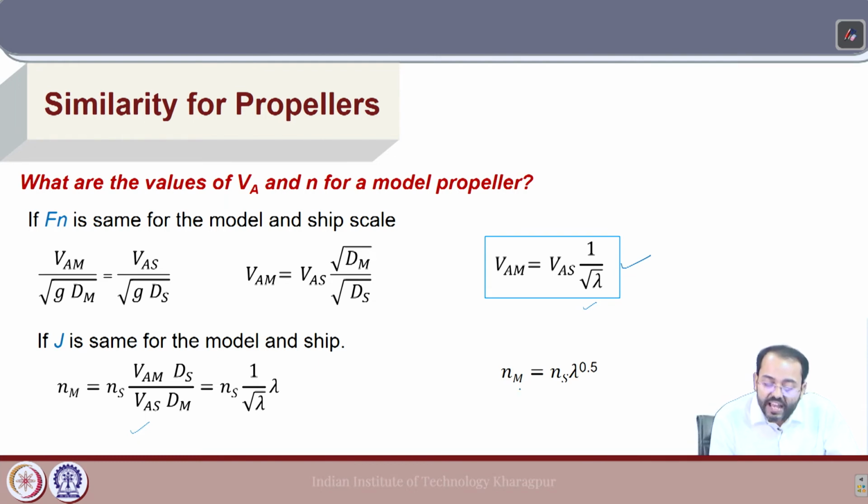So, here we will have that the rotational speed in the model scale is the full scale rotational speed multiplied by square root of lambda, where again lambda is the scale ratio. So, we see that in the Reynolds and the Froude number similarity, the ratios between the model and full scales in terms of velocity of advance and RPM are very much different.